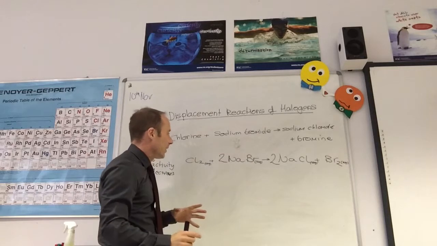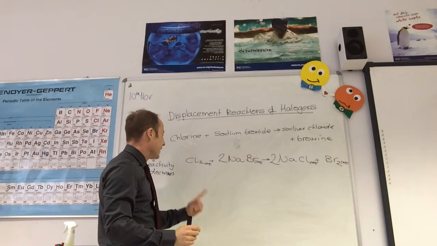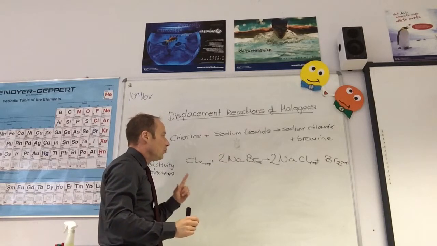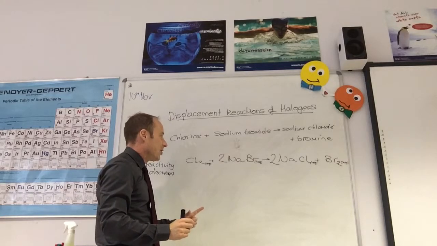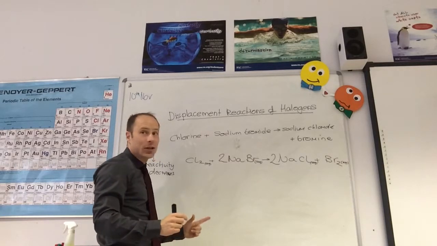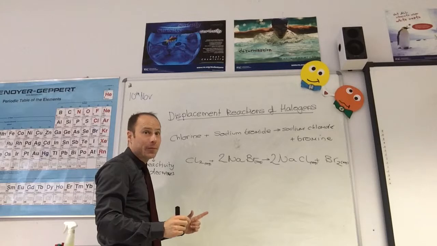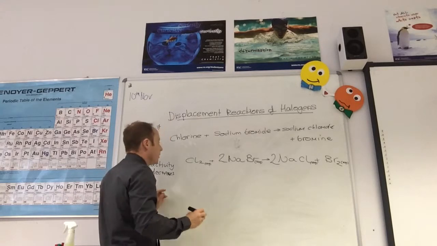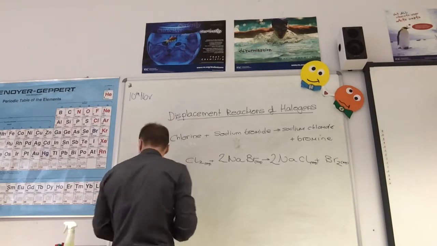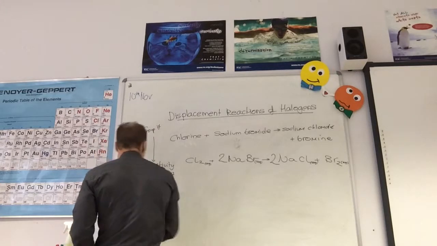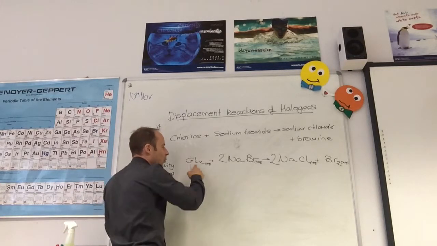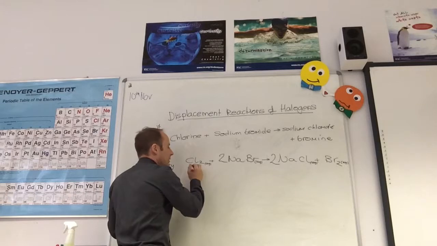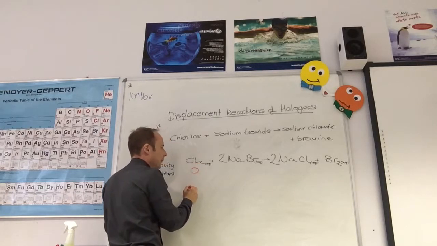I want those electrons. Does that make sense when we look at the redox, our oxidation numbers? Have you done oxidation numbers? Yeah, okay. So, what is the oxidation number of chlorine? Elemental chlorine? 0. Yeah.